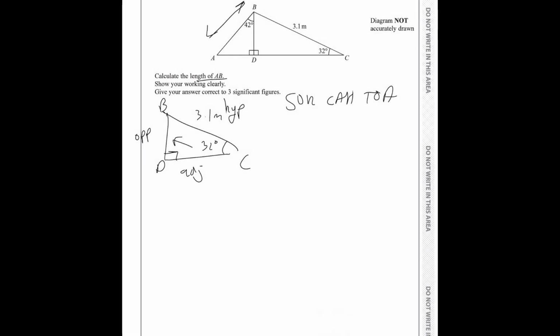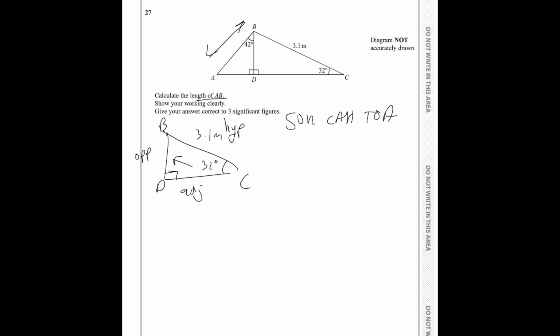Now since this is a right angle, it follows the rule SOHCAHTOA, so you can apply it. You're given the hypotenuse and you have to find the opposite. So you're going to use sine equals opposite divided by hypotenuse.